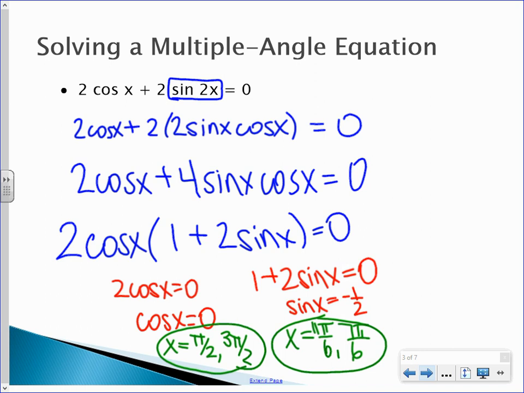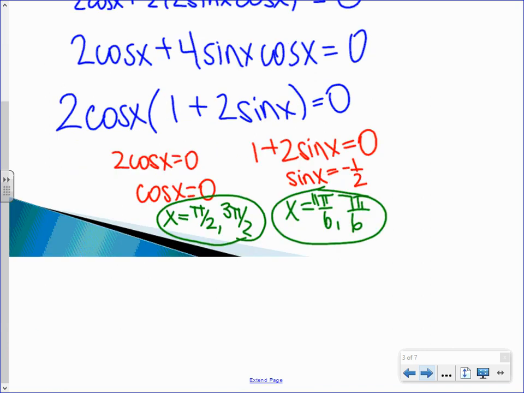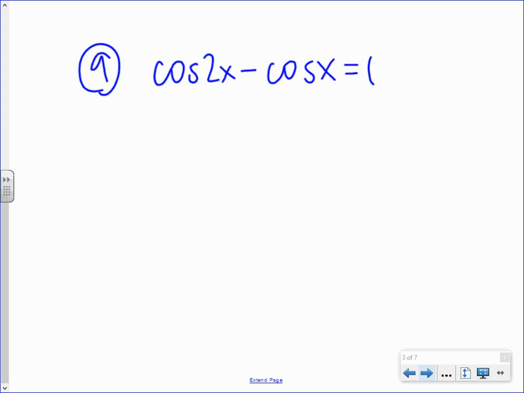Okay. We're not actually going to solve this problem, but I want to show you an instance where we would need to choose which cosine one to be. This is number 9 in your homework.